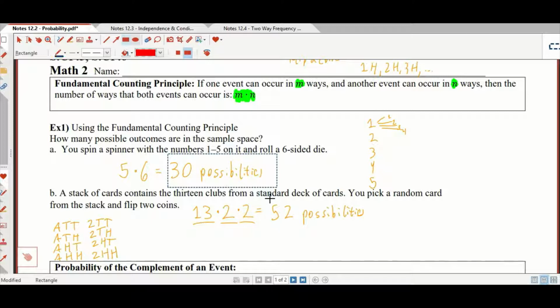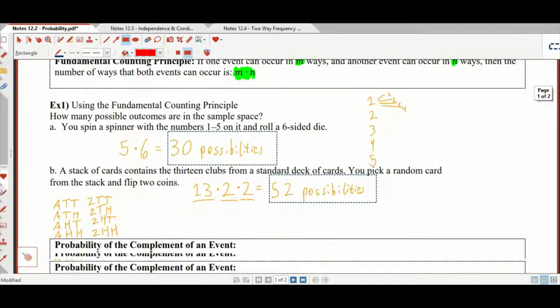And what this really is, is a shortcut in order to find the probability of compound events.